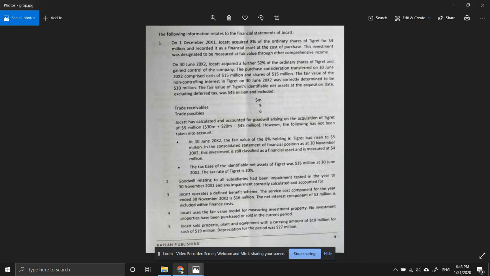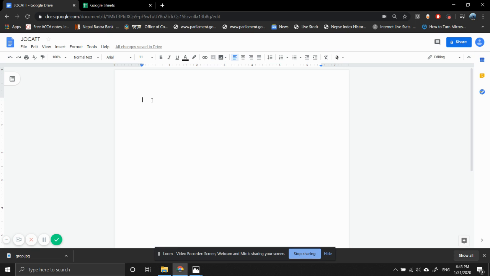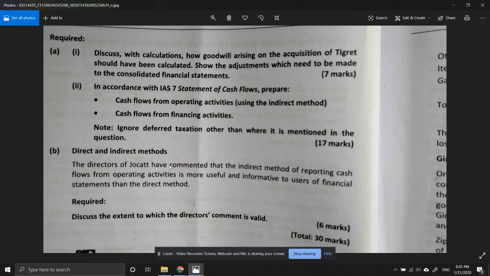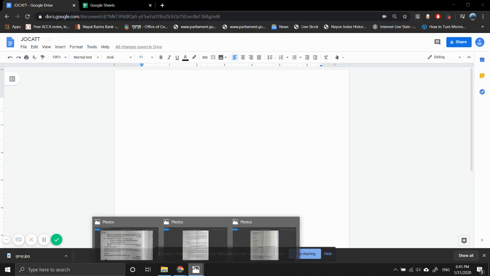Okay, so first thing first, let's read and discuss with calculation how goodwill arising on the acquisition of TZ should be calculated. So the adjustment needed to be made to the consolidated financial statement, right? So first thing first, A1.